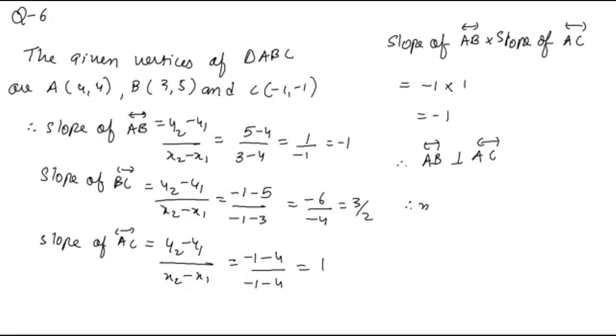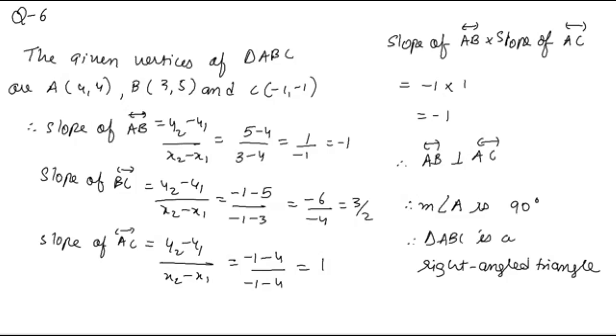So I can say that the measure of angle A is 90 degrees. Therefore, triangle ABC is a right angled triangle. Okay, we can say this.